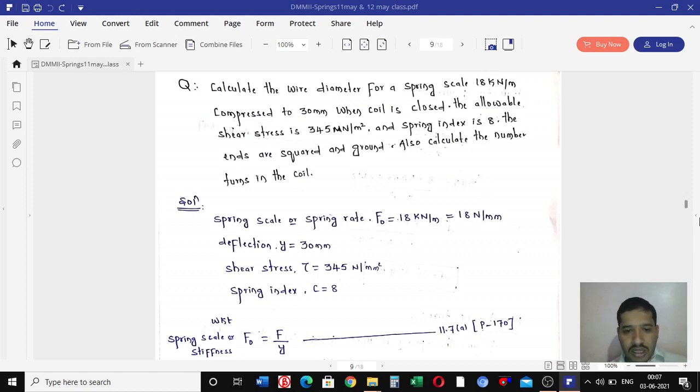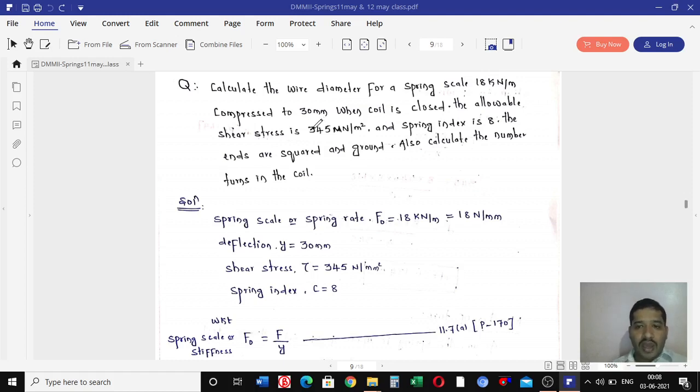The spring scale, or sometimes we say spring rate, is represented by F0 equal to 18 kilo Newton per meter. Okay dear.